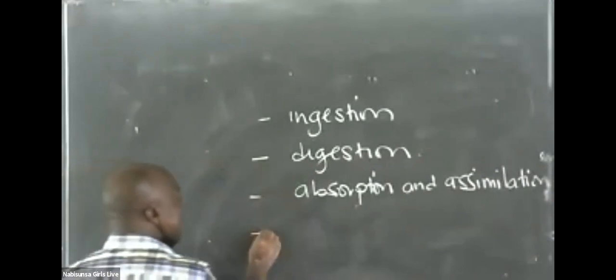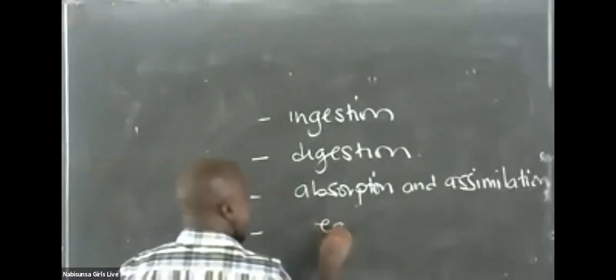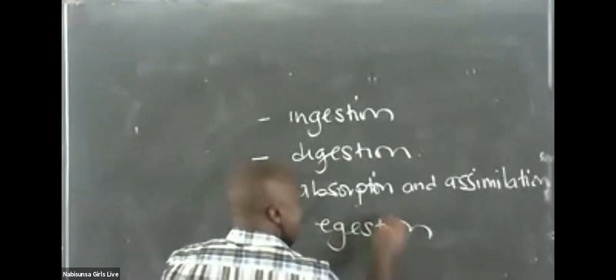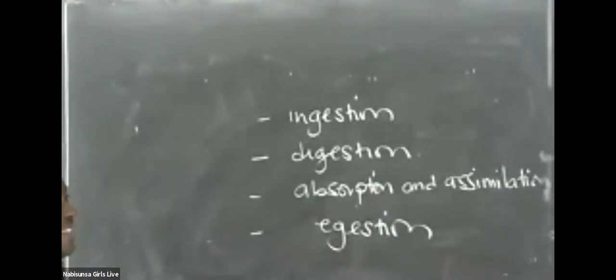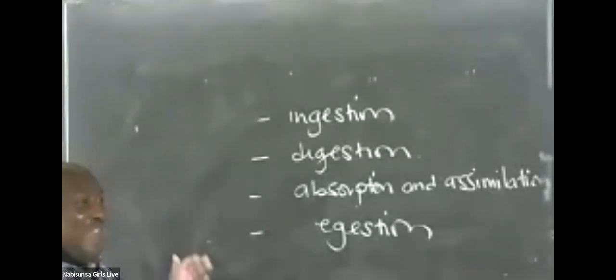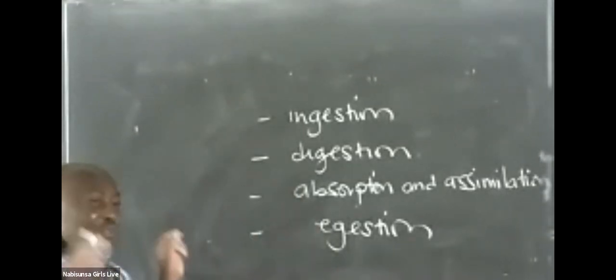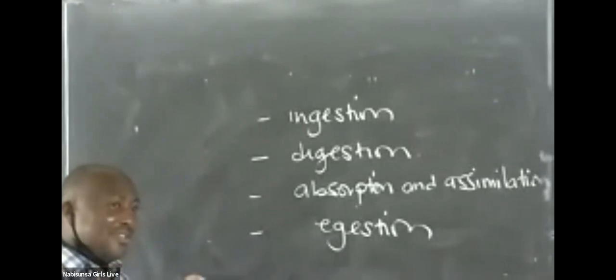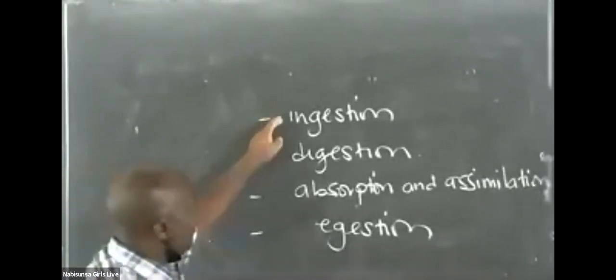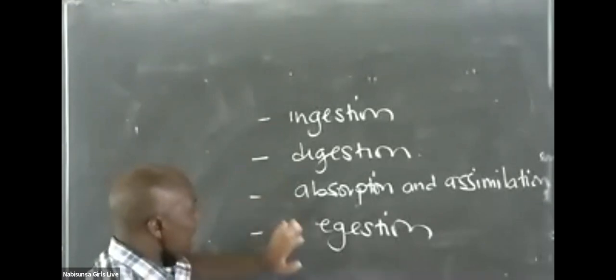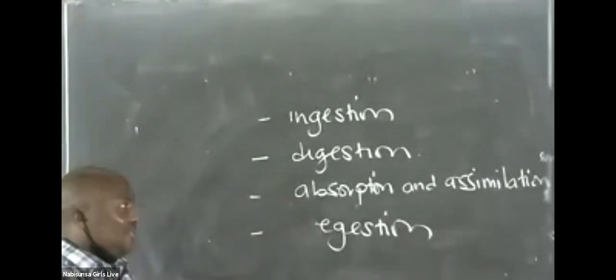And then lastly, there is the final stage, which in simple terms is called defecation, the removal of the undigested material. So these are the features of holozoic nutrition: ingestion, digestion, absorption and assimilation, and then defecation.